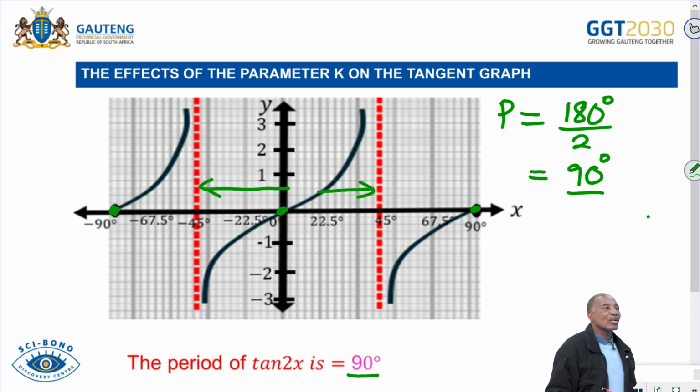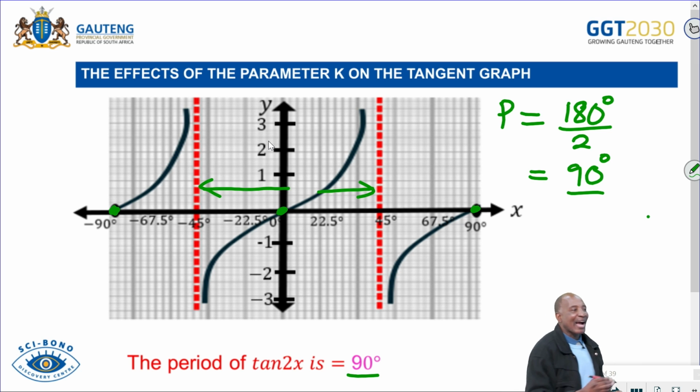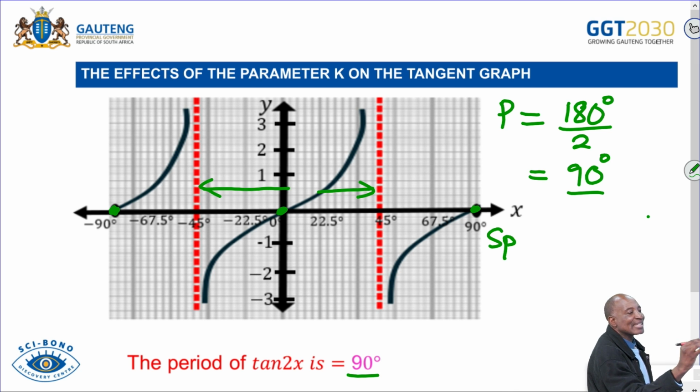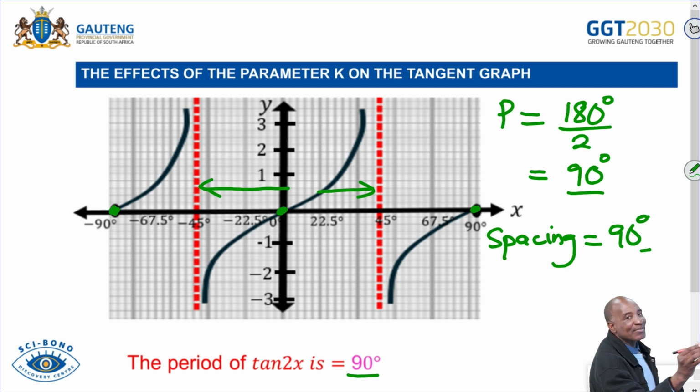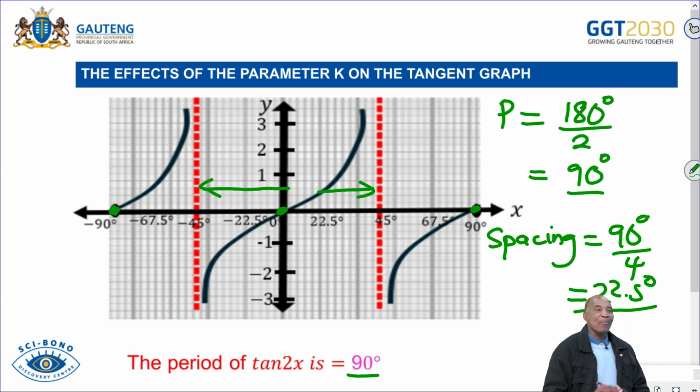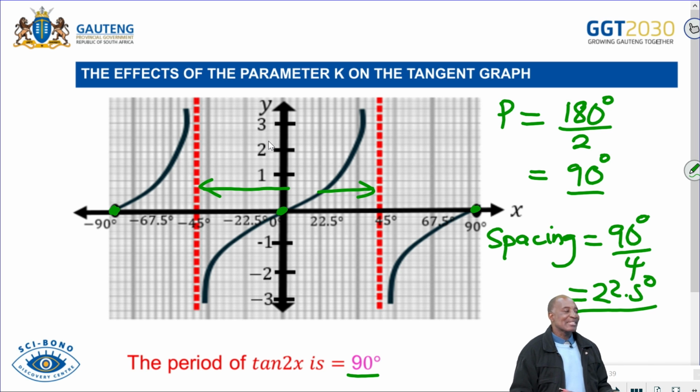This is going to be your new period. Otherwise, your spacing is now going to be 90 degrees, which is the new period, divided by 4, it will come to 22.5 degrees. That's how I'm going to space out my angles to come up with my new graph.